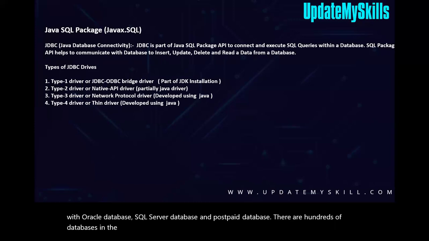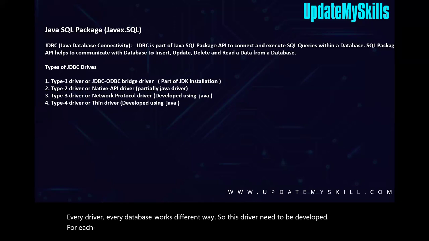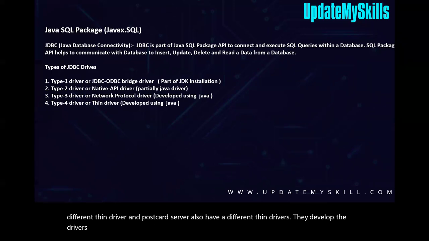Every database works in a different way, so these drivers need to be developed for each database's specific needs. Oracle has a thin driver, SQL Server has a different thin driver, and Postgres also has a different thin driver. They develop the drivers independently for their own databases.